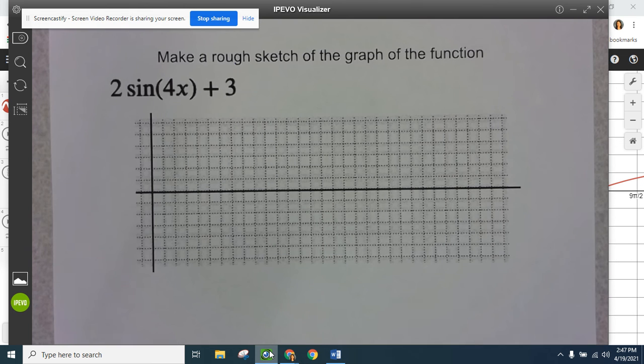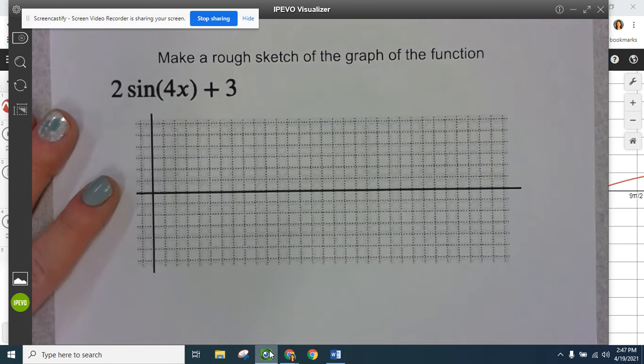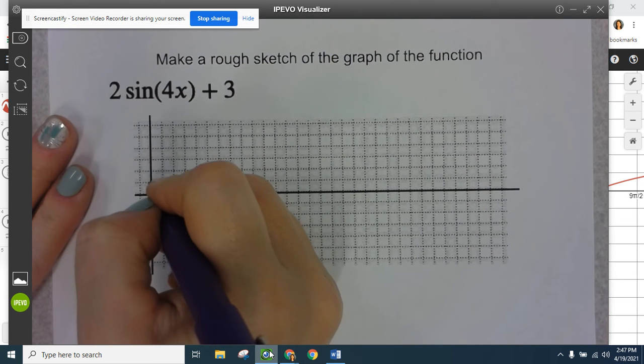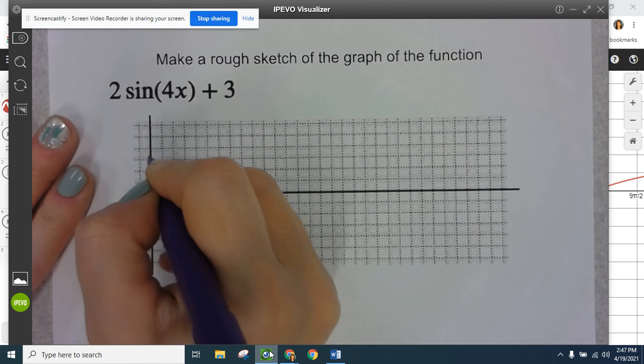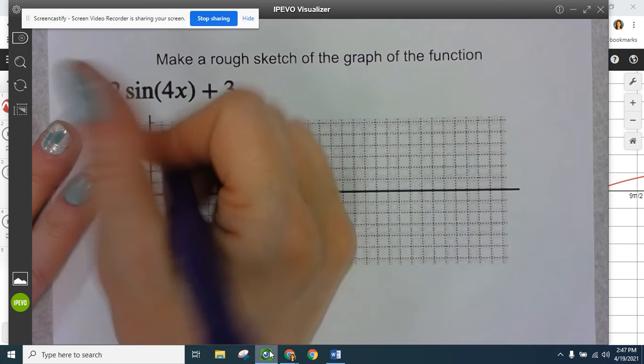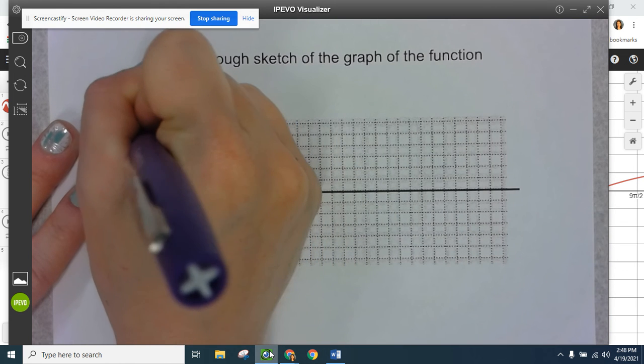All right. So I need to have a midline of 3, and I need to be able to go 2 up or 2 down, which means 1, 2, 3, 4, 5, 6. Okay, I just have enough to count by ones. So here's my midline.